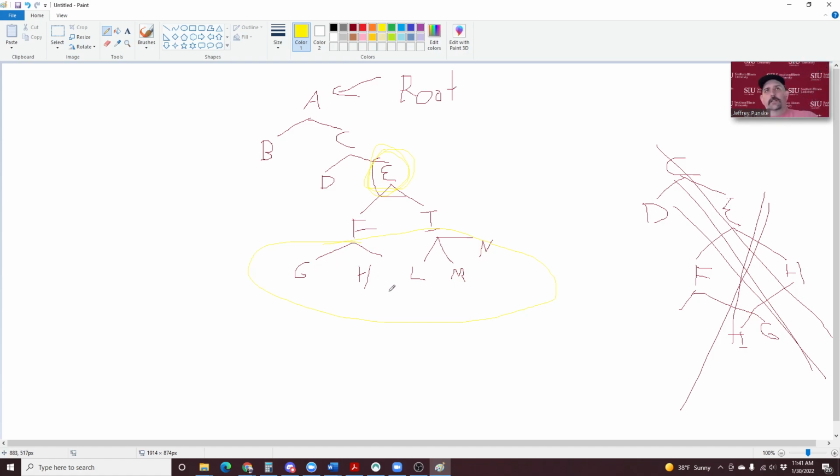Now you might notice that we're going to run into maybe a slight problem with this definition because I've also mentioned that nodes themselves are constituents. So G is a constituent, H is a constituent. So we'll have to either say that nodes dominate themselves or allow for some other means by which terminal nodes themselves are constituents.